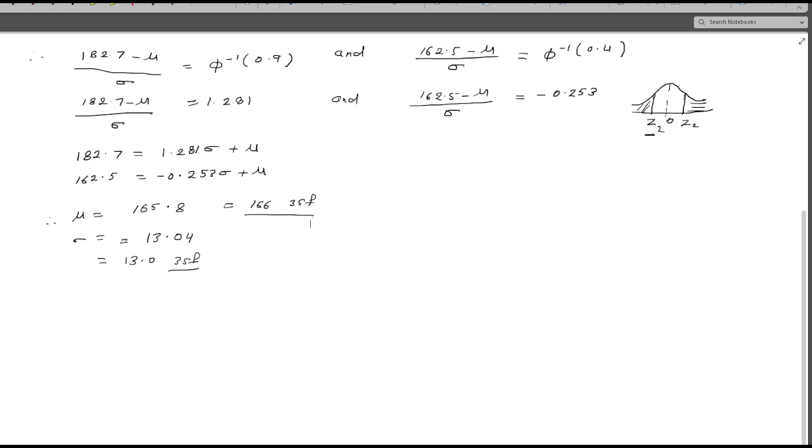So mean is 166 and standard deviation is 13.0.